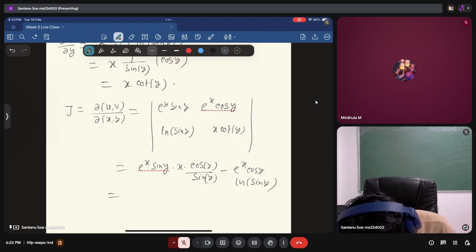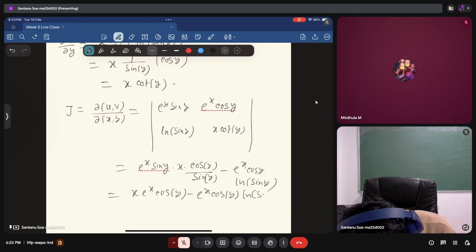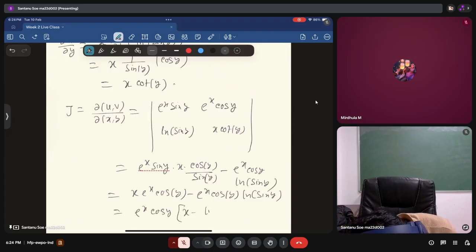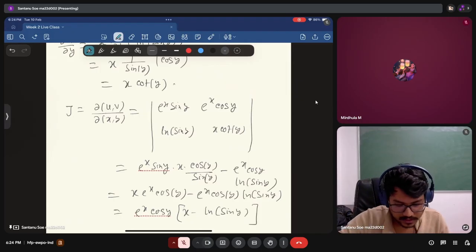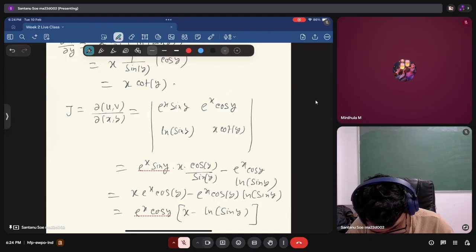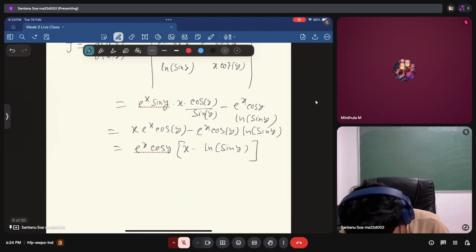So this will be x e to the power x cos y minus e to the power x cos y ln of sin y. So it will be e to the power x cos y times (x minus ln of sin y). So this should be the answer. Hence, this is our Jacobian.